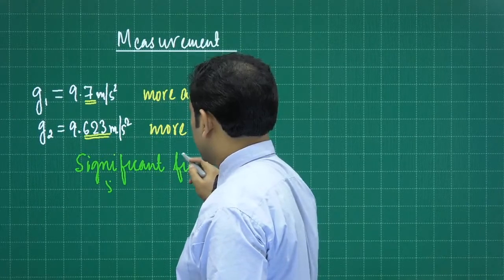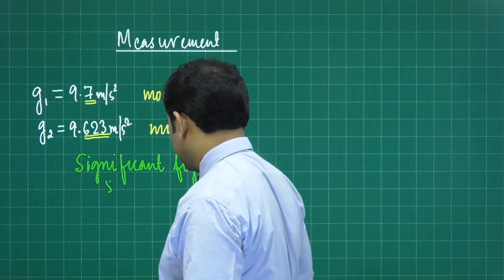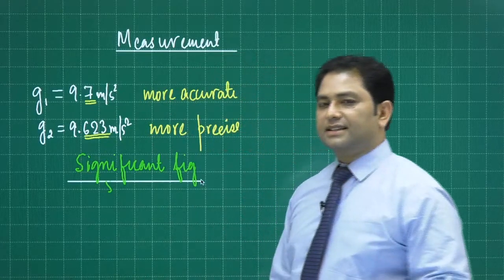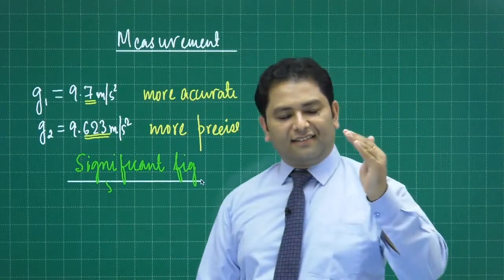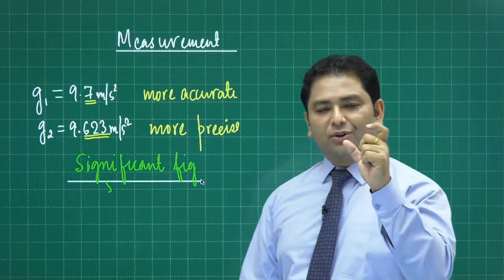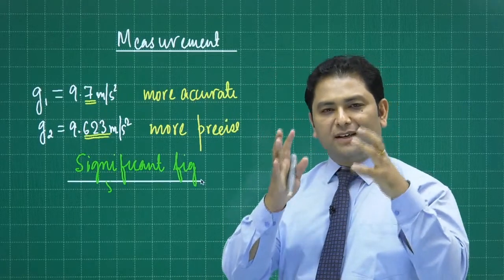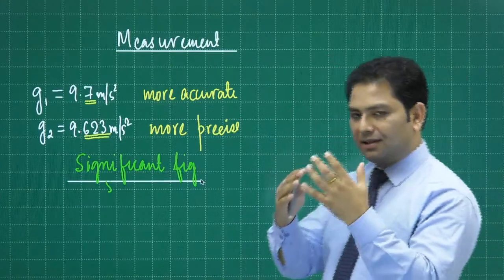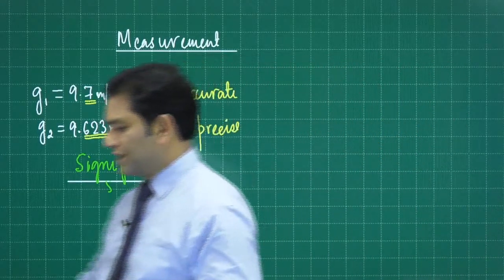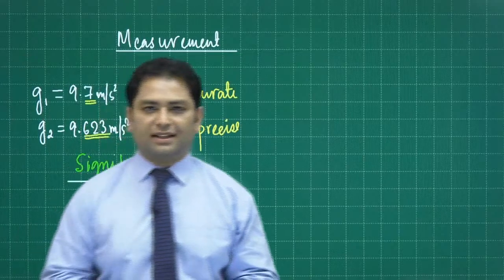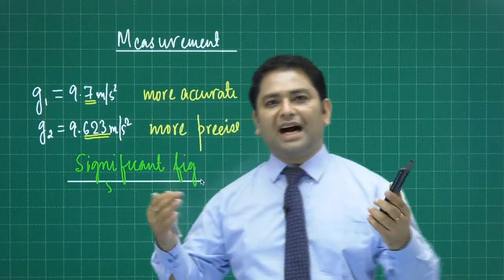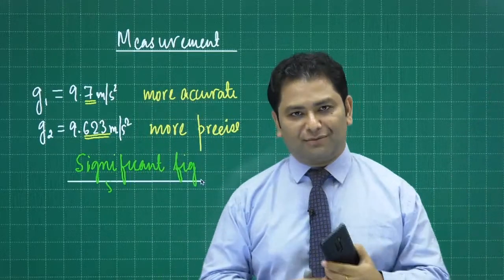So let's try to understand what this significant figure indicates. As I've already said, in the type of course we are doing, we want to be as efficient as possible. So we would not be going into the areas of formal definitions and everything. I will not be discussing how the rules evolved.